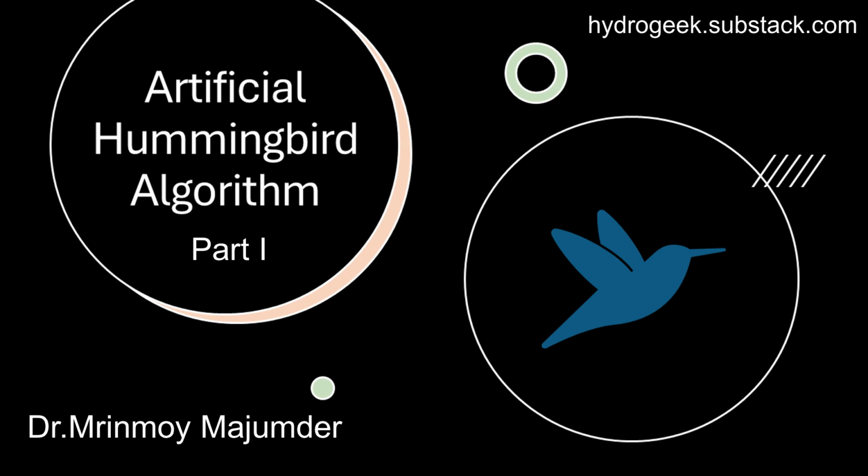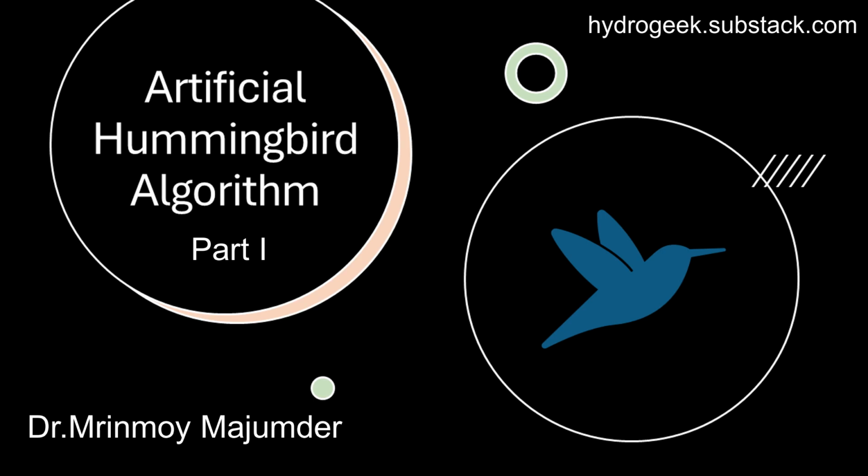In guided foraging, it is guided by the best flower. It is looking for a target flower which has the best nectar and the highest nectar refilling rate. And accordingly, in search of that optimal flower, it keeps coming back.